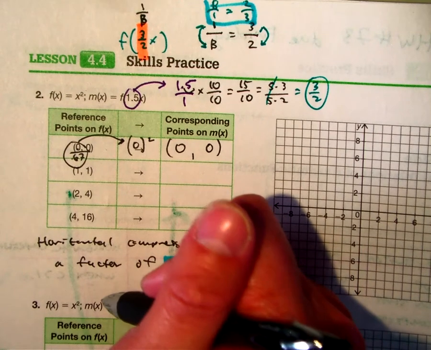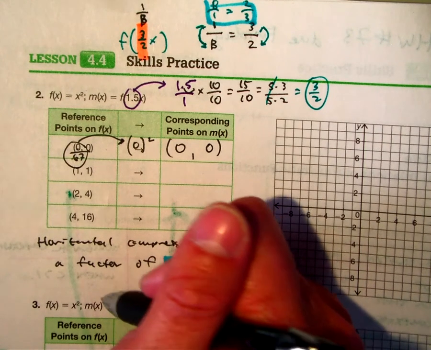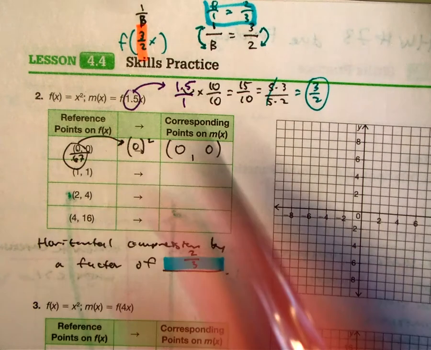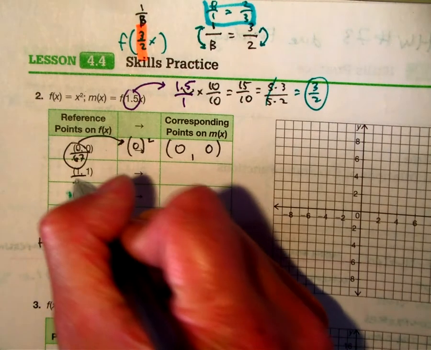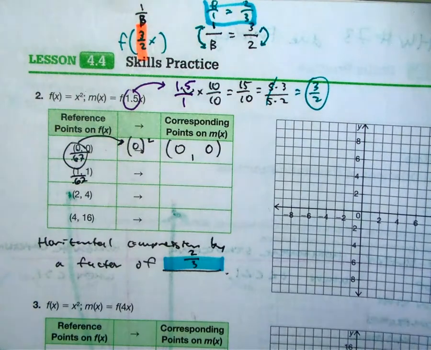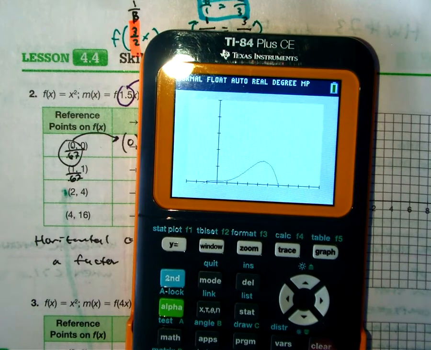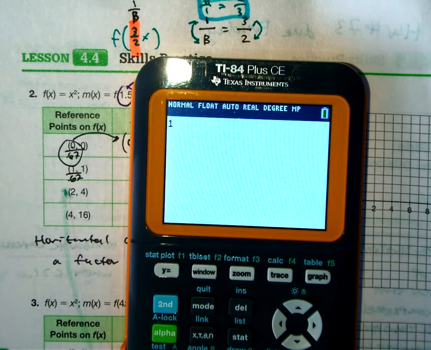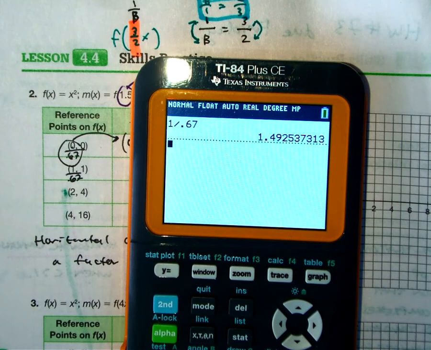If I divide 1 by 2/3, 2/3 is 0.67. You can just put that into your calculator. So this shows you why 1 divided by 0.67 gives me approximately 1.5.